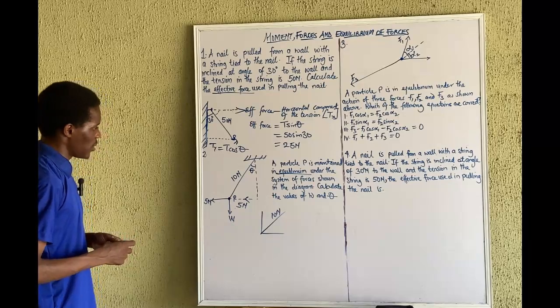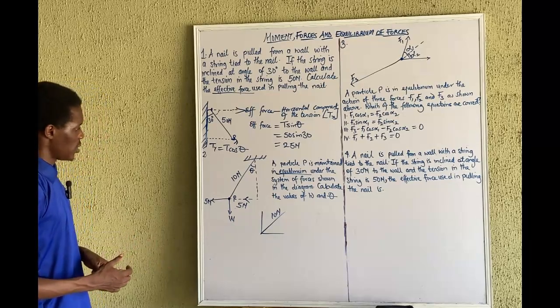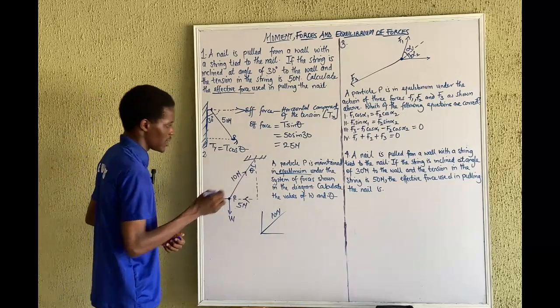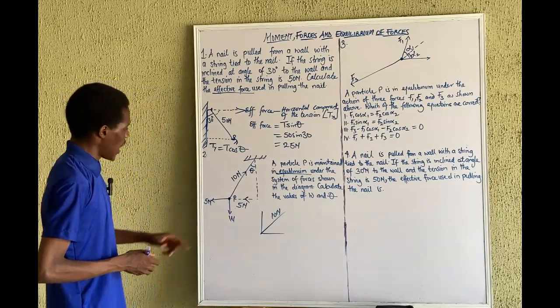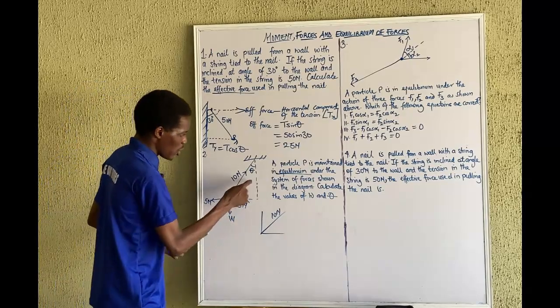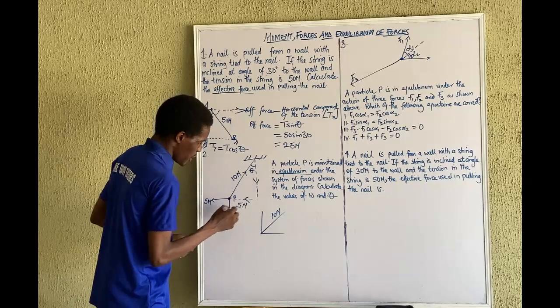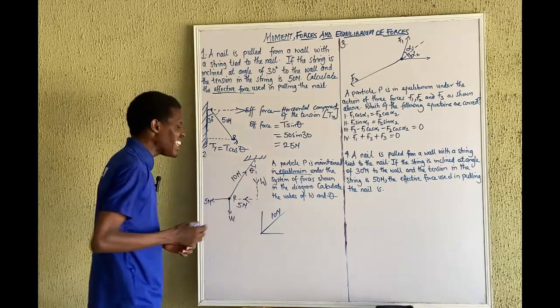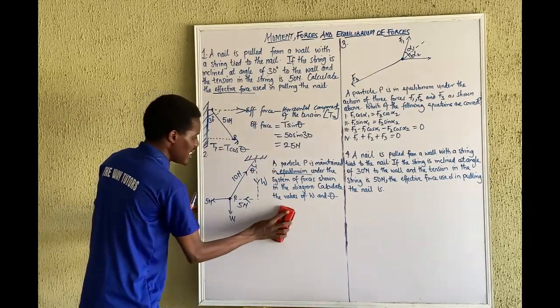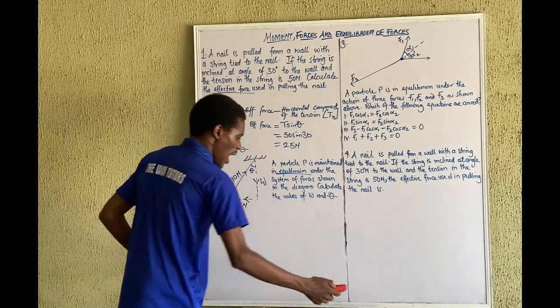Do you agree with me? Of course, it's possible. The direction of this one will be like this. Now, this one, W, I can also bring it here, coming down, W. Exactly. This picture shows that this body is at equilibrium. How do I know?